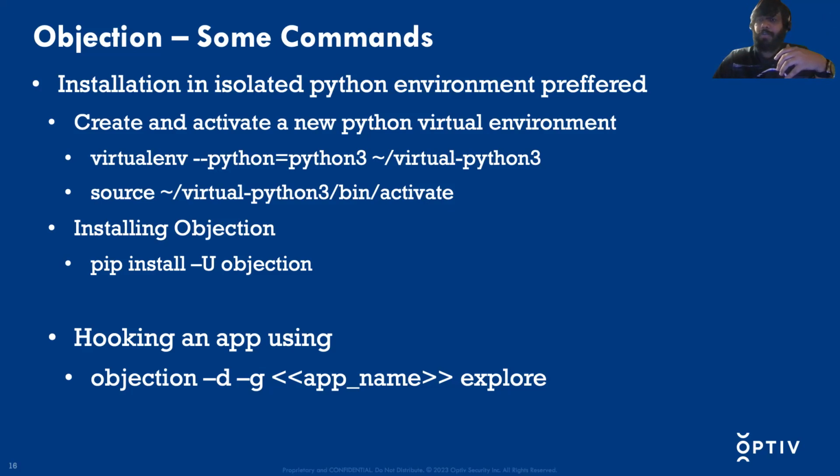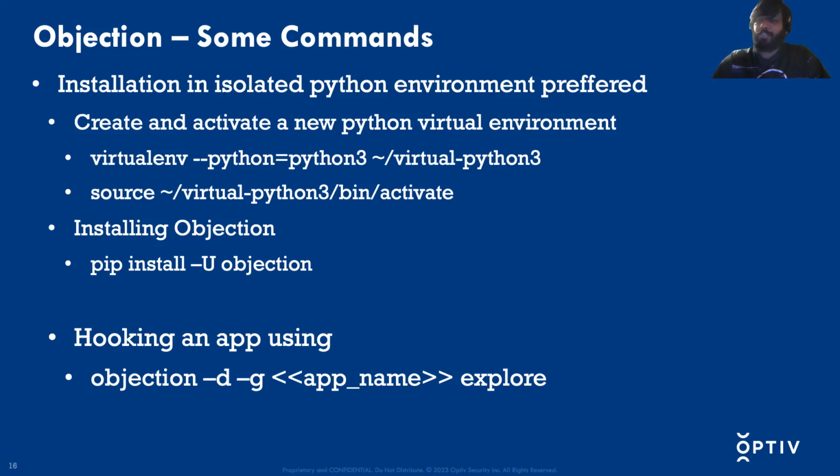So once the virtual environment is activated, you can use a simple pip command to install Objection. The following pip command installs the Objection tool in the virtual environment.